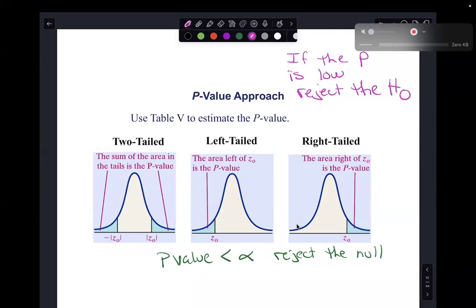If the P is low, reject the hoe. This is what I teach my high school kids. They remember it every single time. So if that P value is lower than your alpha, you're going to reject the null hypothesis. I'm going to give you a second to write down my great wisdom.